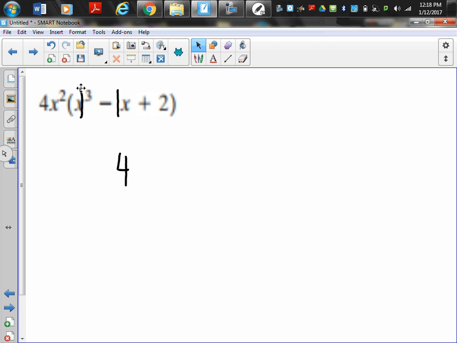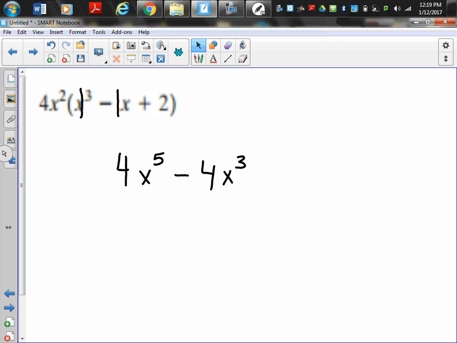x squared times x cubed is x to the 5th. 4 times 1 is 4. x squared times x is x cubed.